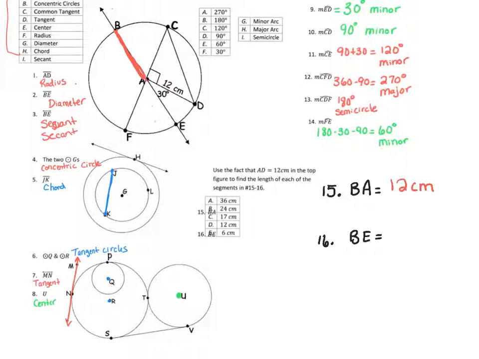BA is another radius, so that also has to be 12. And then number 16 asks from B to E, so all the way across the circle. And so if the radius is 12, the diameter must be 24 because I'm adding both the 12s together.